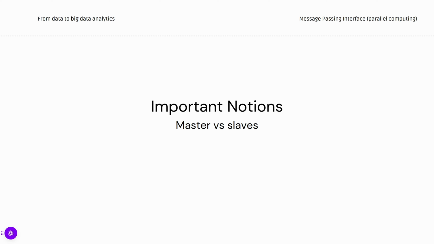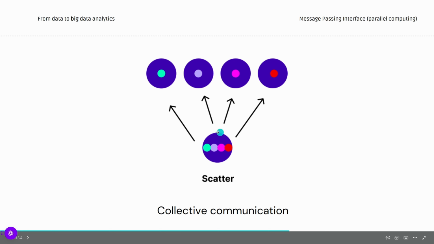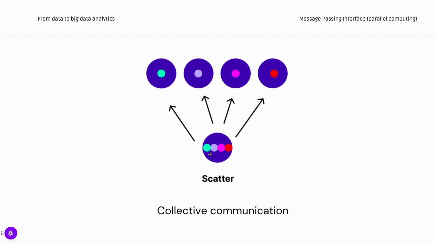Let's go deep into the different operations that we have in collective communication, starting with the scatter operation. This scatter operation is really simple. This master rank worker has some data that it can distribute equally.